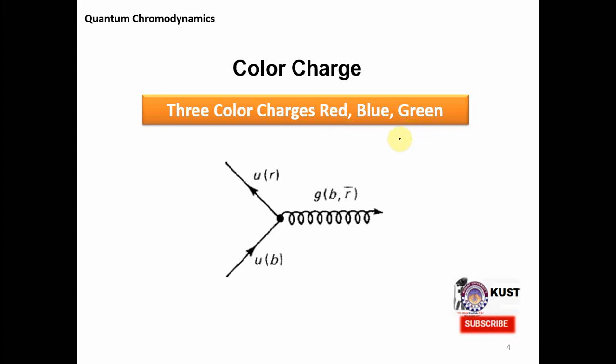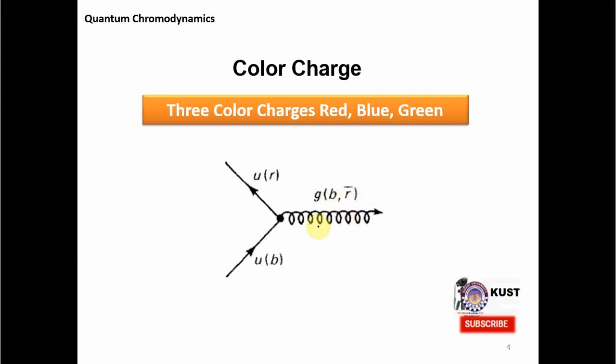This was the first difference. The second difference is that in quantum electrodynamics, the mediator, which was the photon, was chargeless. So therefore two photons never interact with each other. But in quantum chromodynamics, since gluons are charged, they carry the charge, even they carry two charges, therefore they can interact with each other.